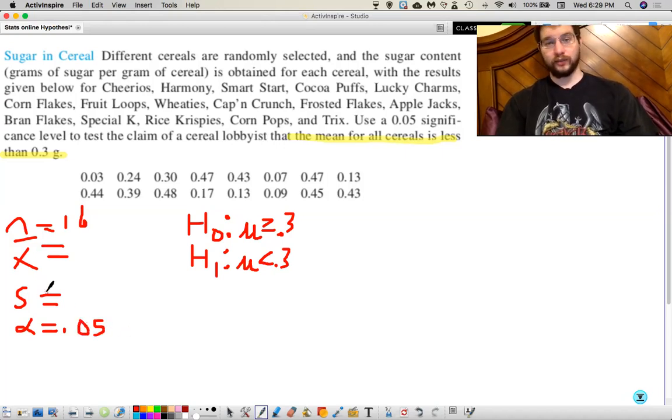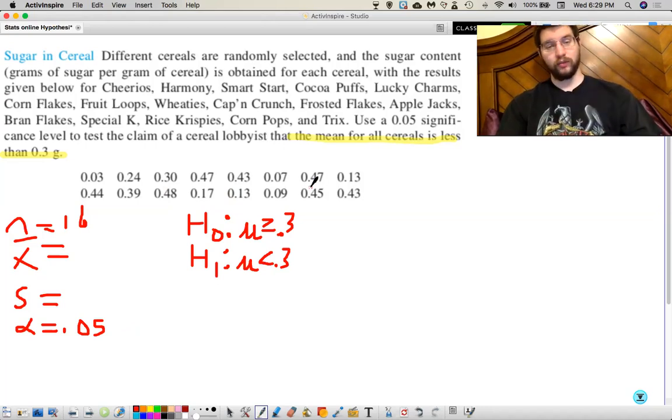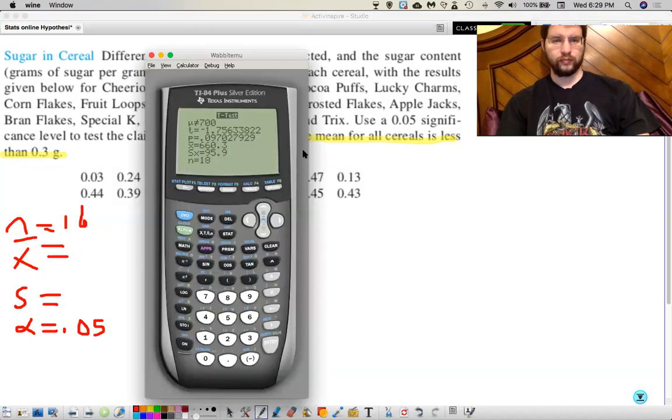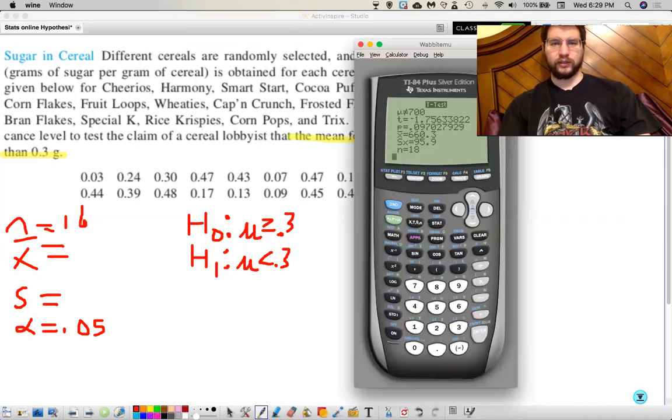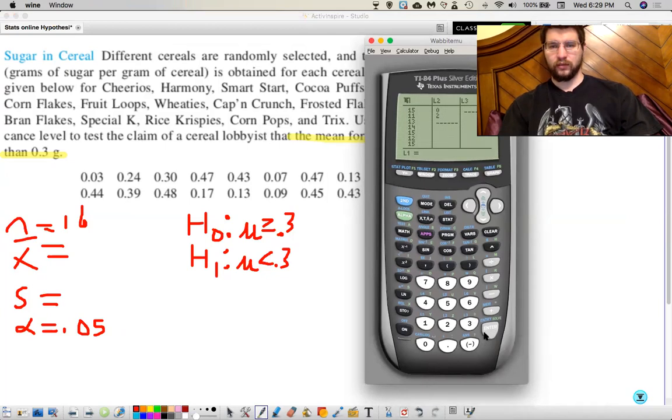We got to find X bar and S using this data set. It's the last one. I'll just go ahead and do it on both calculators. PI users, just type it in there and be done with it. Stat, edit, clear that first list. 0.03, 0.24, 0.3, 0.47, 0.43.